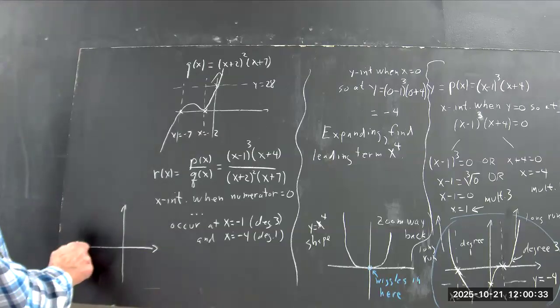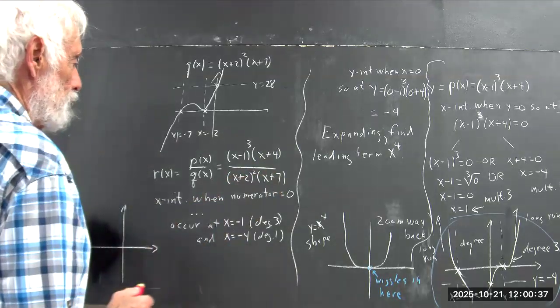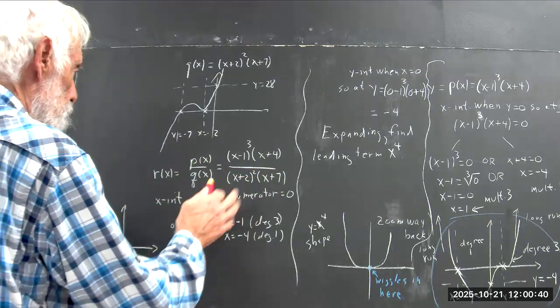There's more stuff going on to the left than there is to the right because of the x equals -7, 0 of the denominator, but we haven't talked about that yet.